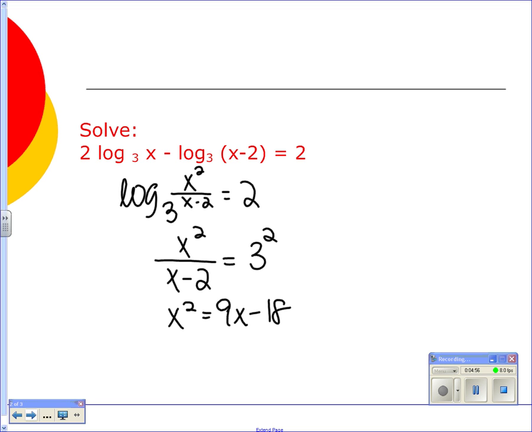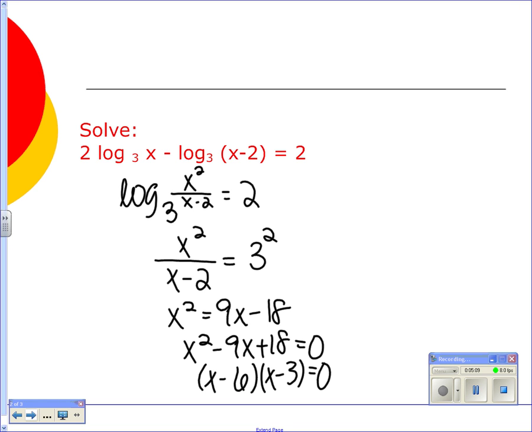Right? So you get 3 and 6 for your answer. Do both of those work? Yes. So both of them are answers.